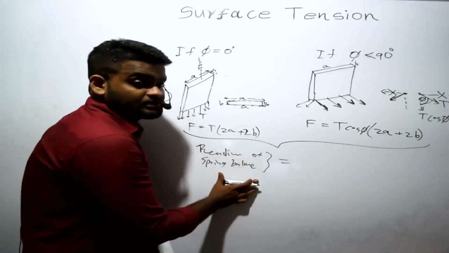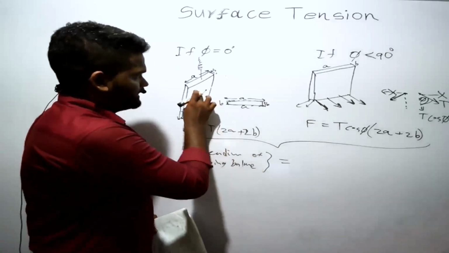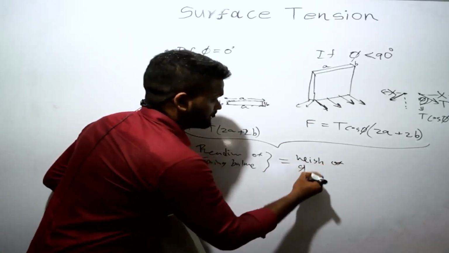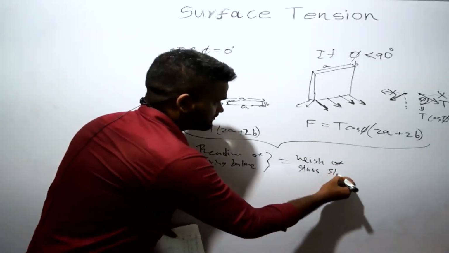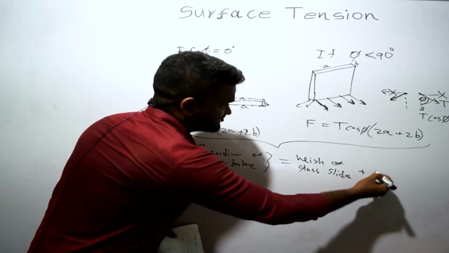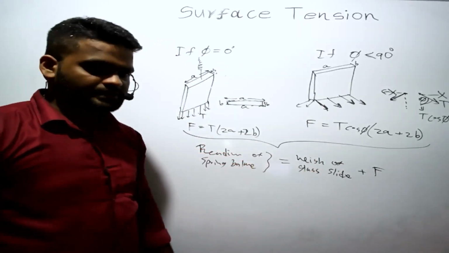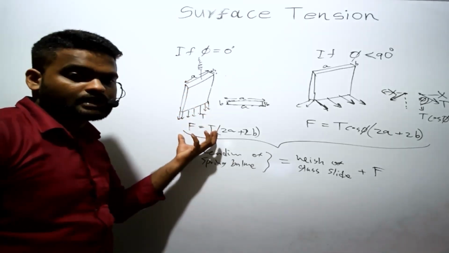Reading of the spring balance, what's that? Should be weight of glass slide plus F. Isn't that? Weight of the glass slab plus the surface tension force downwards.